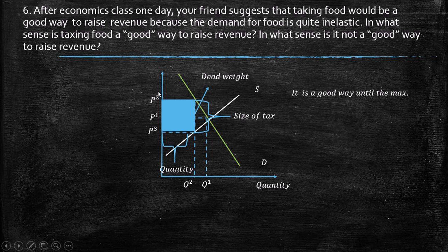If we are on the left part of the maximum, we can still increase the tax and arrive at the maximum. Otherwise, if we are on the right part of the Laffer curve, if we continue to increase the tax, the revenue will be less. So if we are to the left, it is a good way until the maximum.